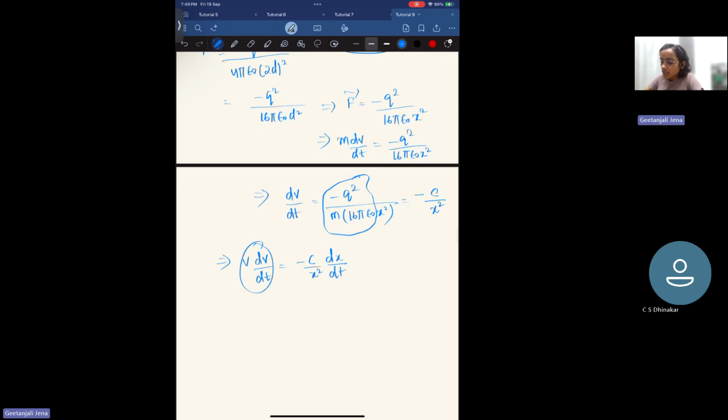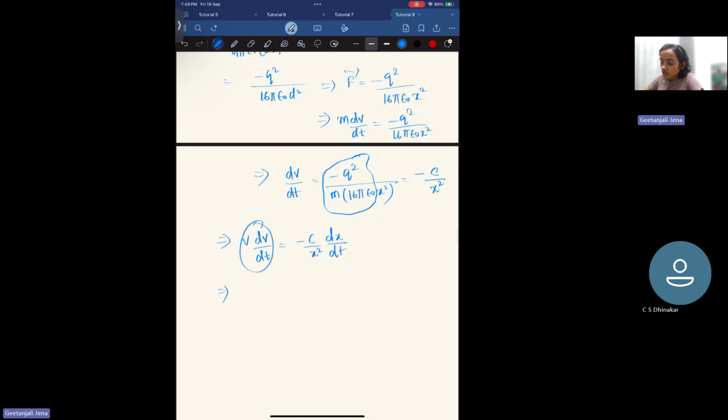So v dv by dt is nothing but the time derivative of v square by 2, and 1 by x square is the derivative of d by dt of minus 1 by x.